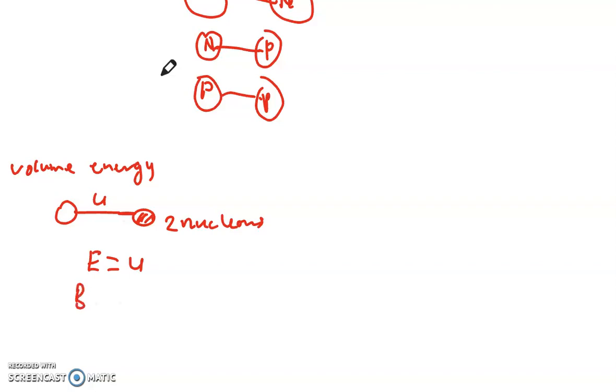The binding energy per nucleon will be nothing but a half U, since I am providing this with U amount of energy. This is more of a simple illustration.